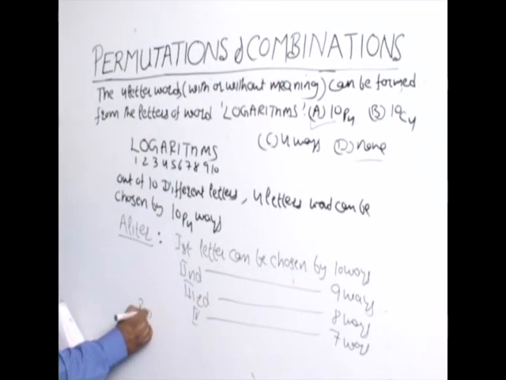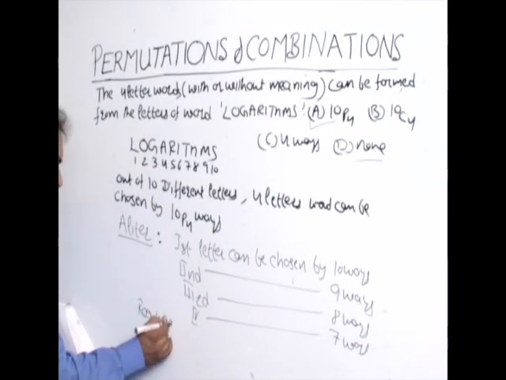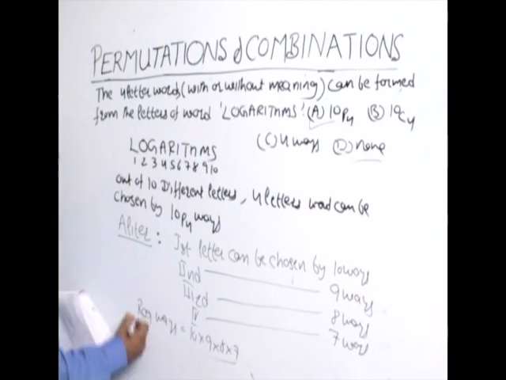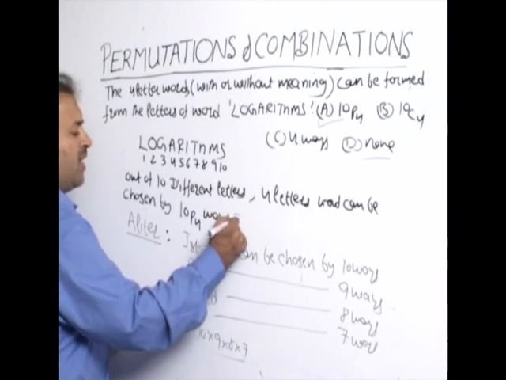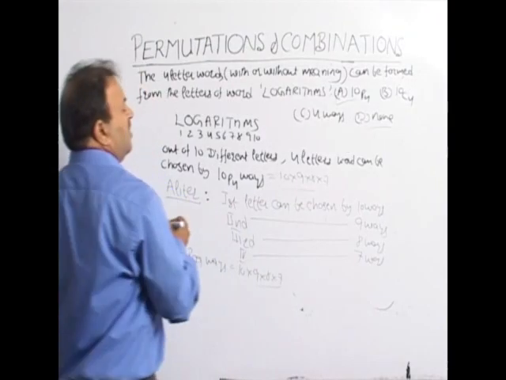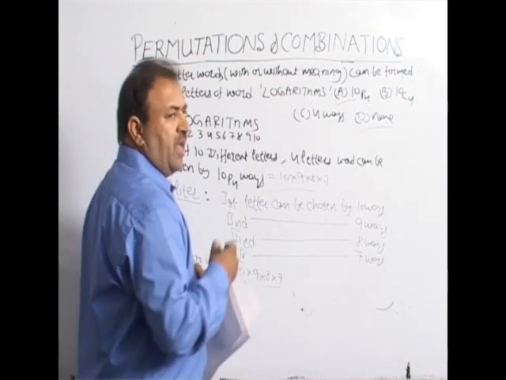The required ways are 10, 9, 8, 7. We solve 10P4, which is also equal to 10 into 9 into 8 into 7. So the right option is A.